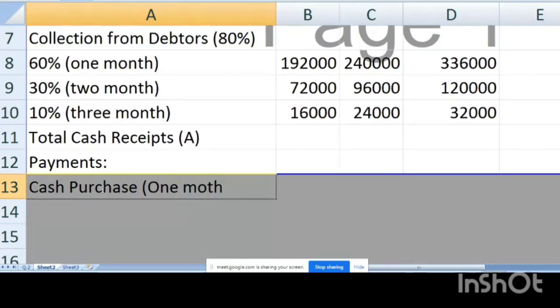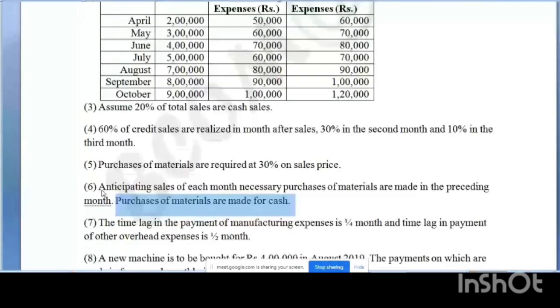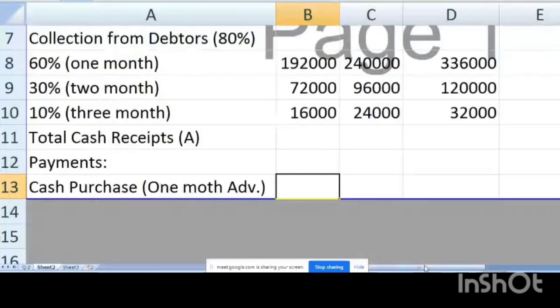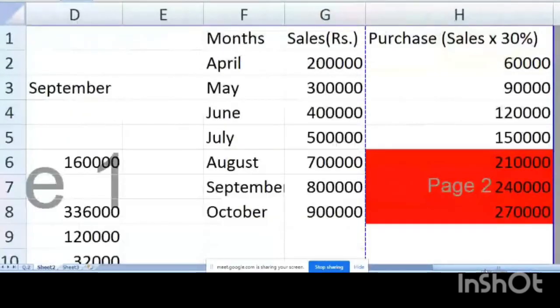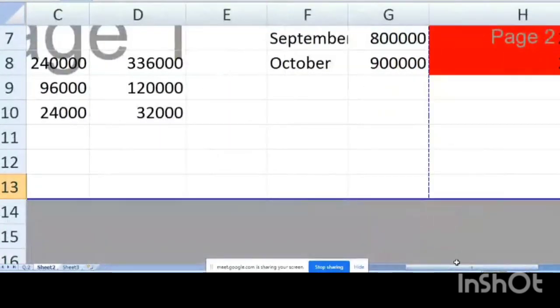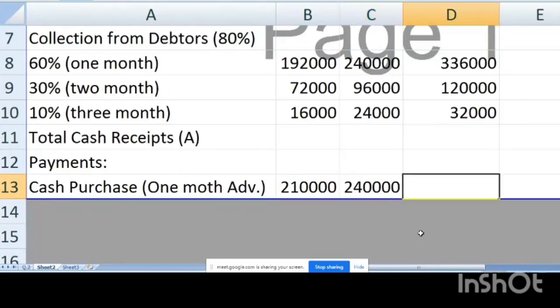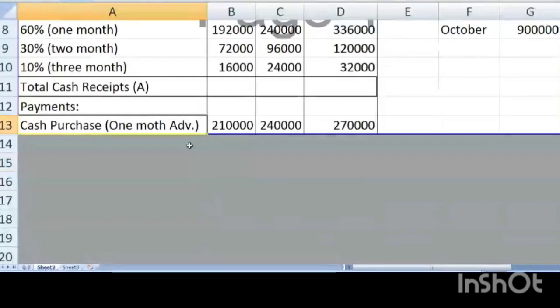So the amount is respectively, as we calculated here, that is 210, 240, and 270. That is 2,10,000, 2,40,000, and 2,70,000. Now next point is, which is the next payment?